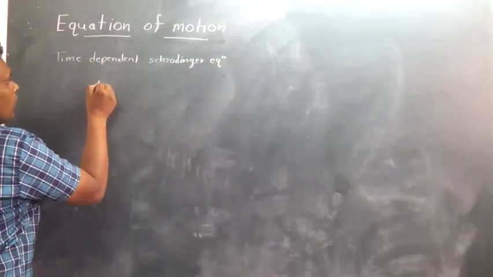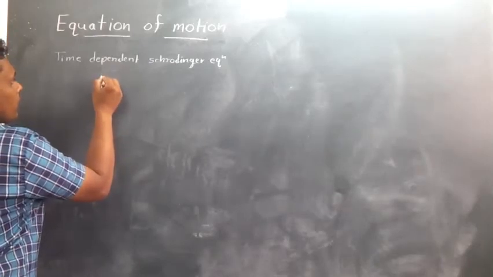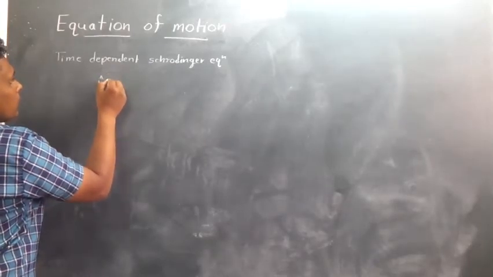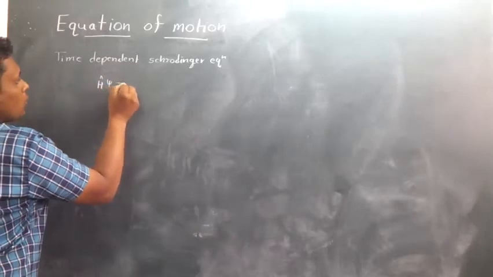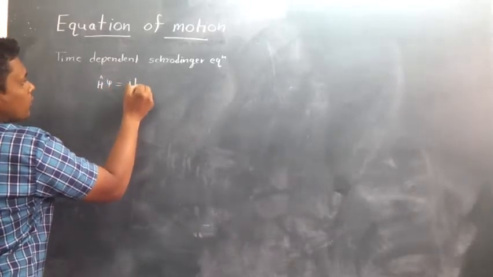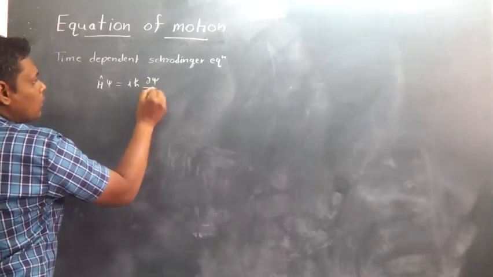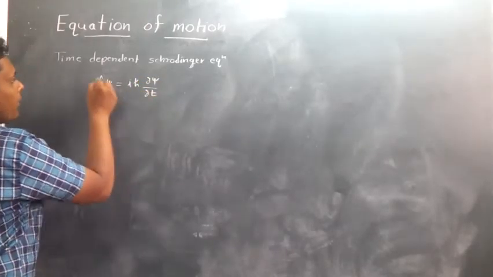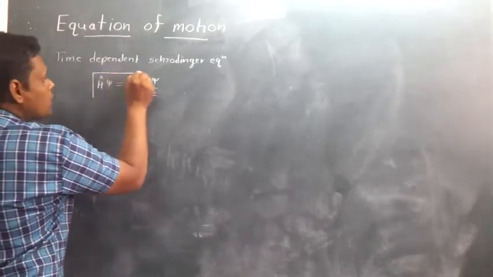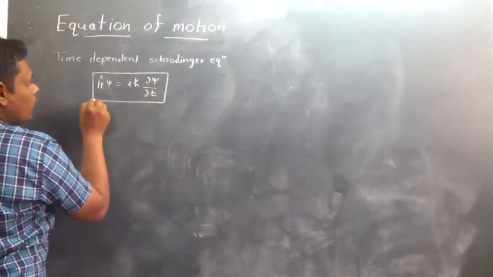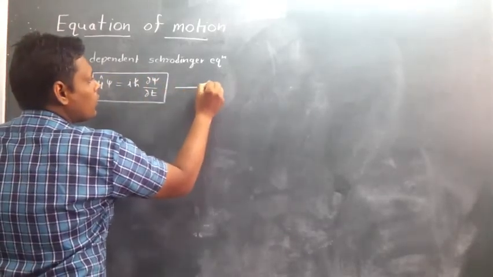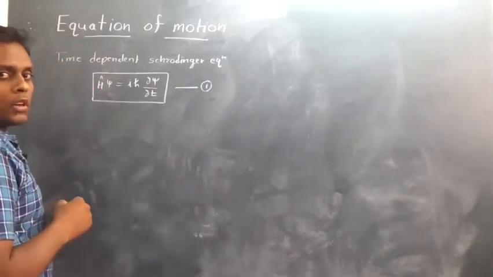It is H cap psi is equal to i h cross delta psi upon delta t. So it is your time dependent Schrodinger equation, and this is your equation number 1.